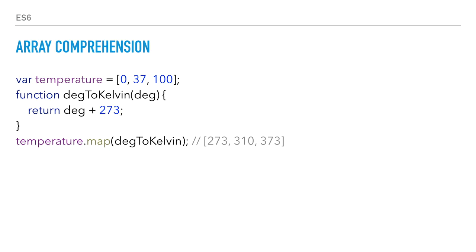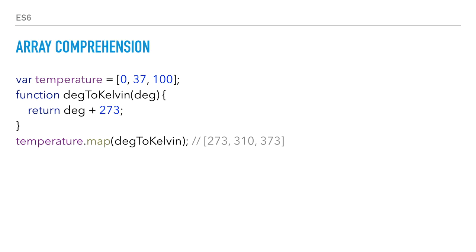If we have an array, for example, the temperature, we have three values here: 0, 37, 100. We can then define a mapping function that transforms the original degrees by adding 273 to get Kelvin.